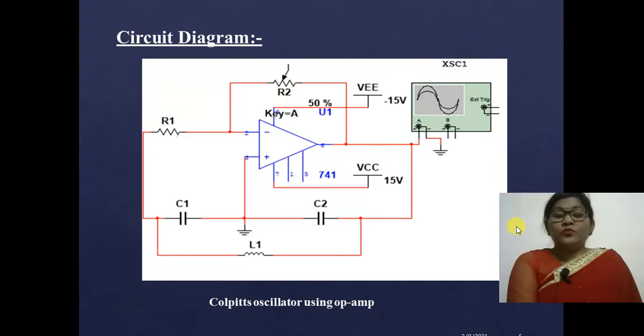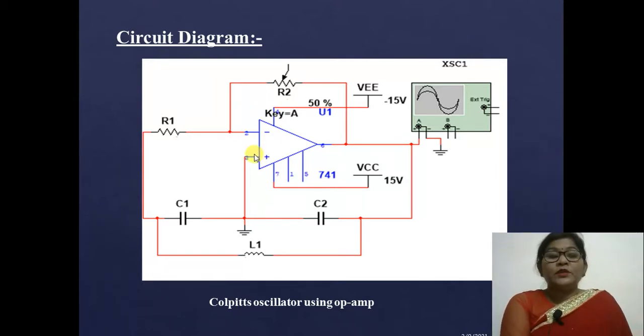Here this is the diagram of the Colpit oscillator using op-amp. In this diagram, this is your op-amp 741 IC, and this is the inverting mode, and this is your non-inverting mode. At inverting mode, you can connect the feedback resistor RF or R2, you can say, and this is your R1. It is used for the gain purpose, and this is your tank circuitry, and it consists of C1, C2, and the inductor L1, and this is the CRO.